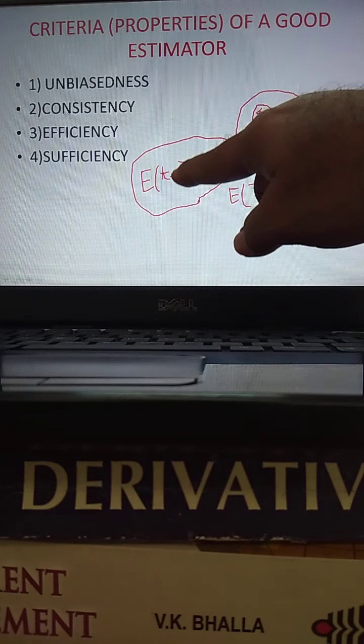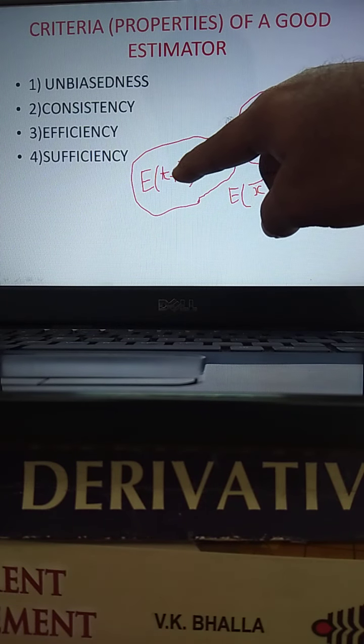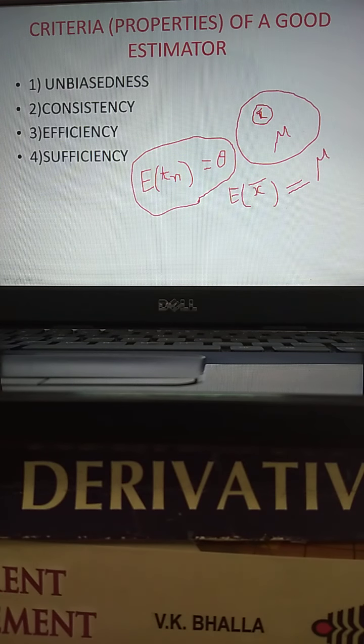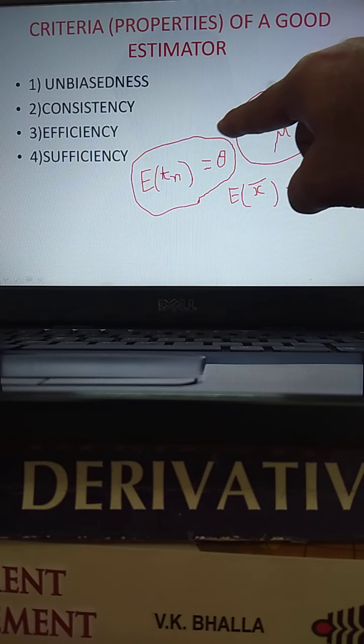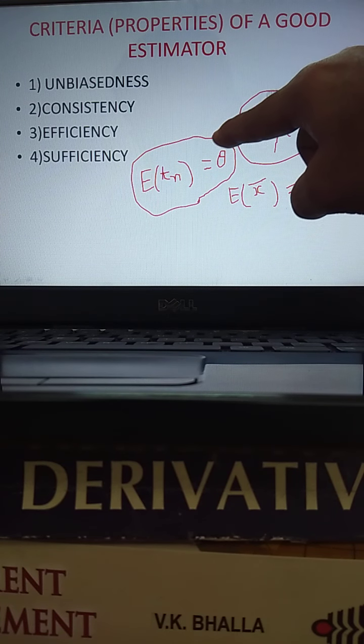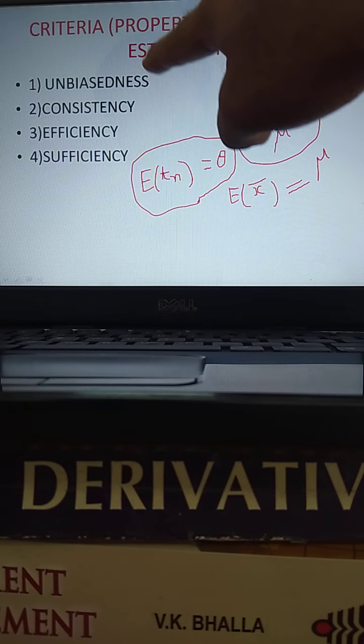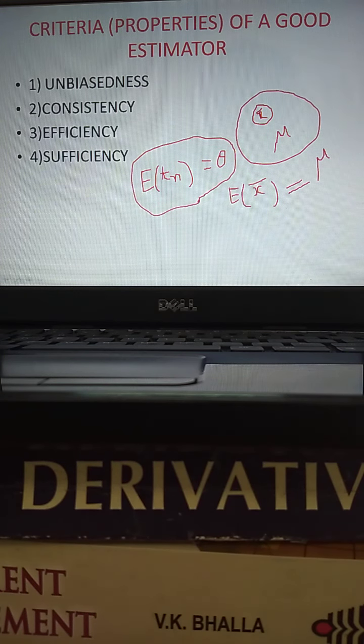What is Tn? Tn is the sample value, what we call in technical terms a statistic. So the expected value of the sample statistic is equal to the population value, that is theta. Then one can say that the formula is satisfying the unbiasedness property.